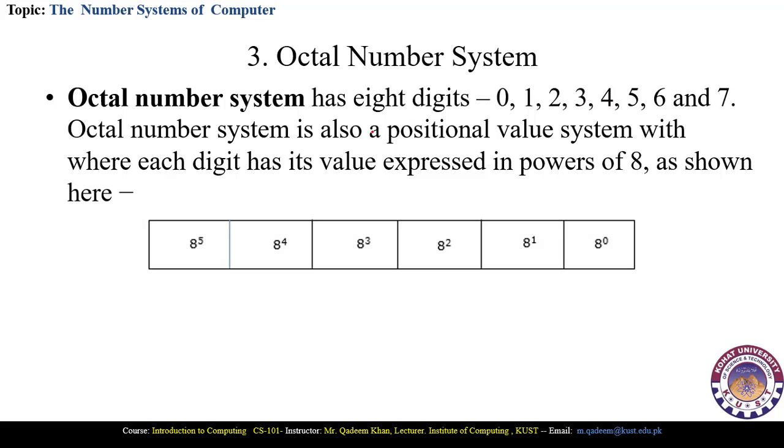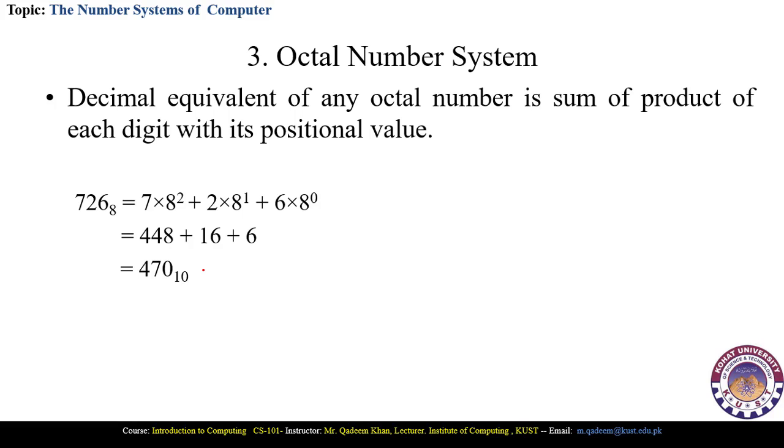The octal number system also represents positional values with certain digits, which have their values expressed in powers of 8. So 8 power 5, 8 power 4, 8 power 3, 8 power 2, 8 power 1, and 8 power 0. These are the different octal positions representing decimal values.